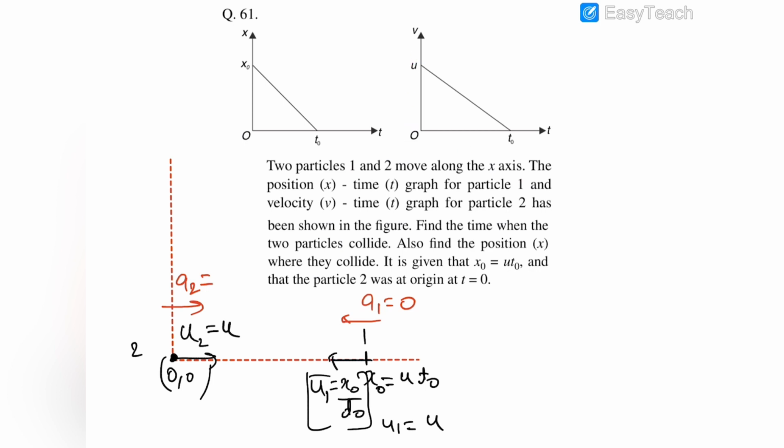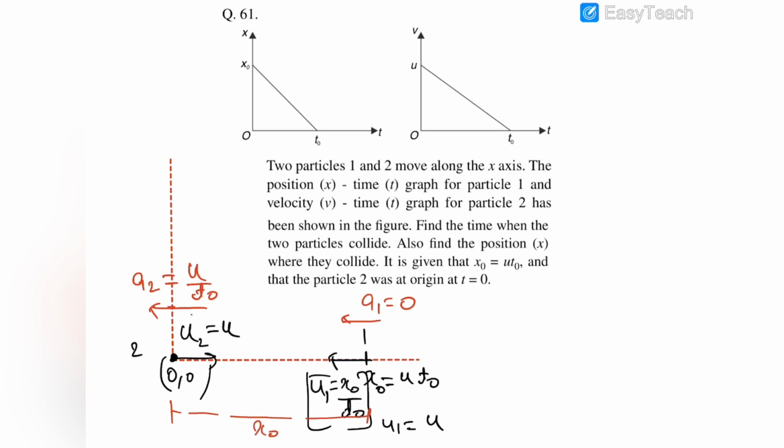So acceleration is in the backward direction. Let us draw the acceleration in the backward direction. So a2 is equal to u by t naught. Again, I am not using the negative sign because I have already assumed that acceleration is in the reverse direction. The separation between these two is x naught initially.